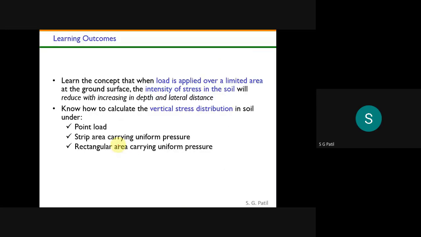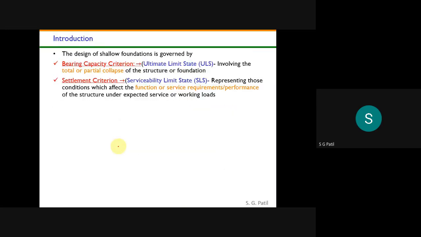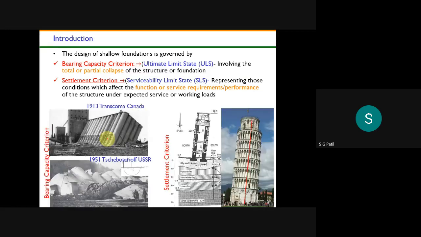So what is the big picture? As a geotechnical engineer, you should avoid these two conditions: one is bearing capacity failure, and another is excessive settlement. If you are able to avoid these two conditions, then you are safe, your job is done. You should ensure that the structure will not fail in shear.